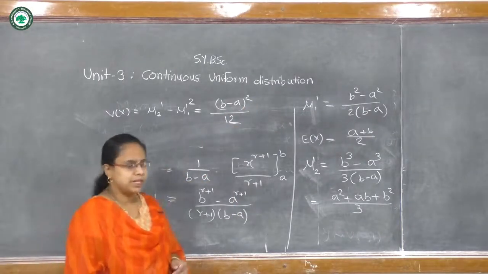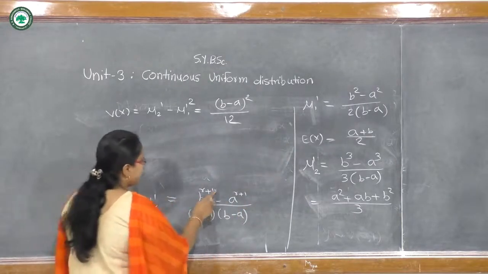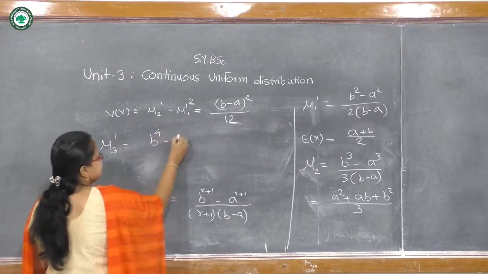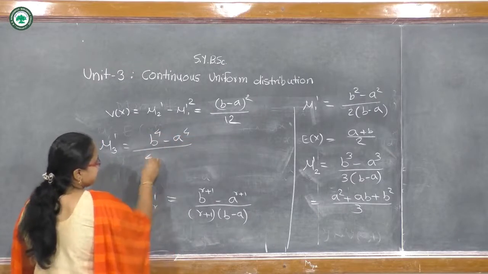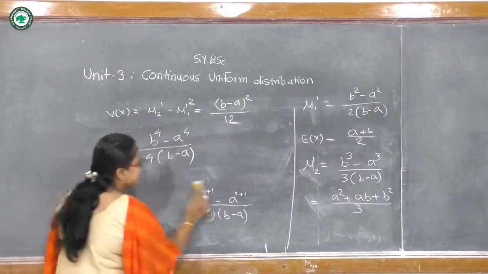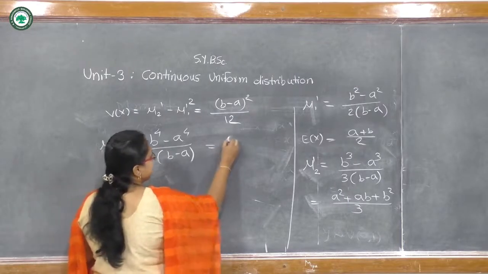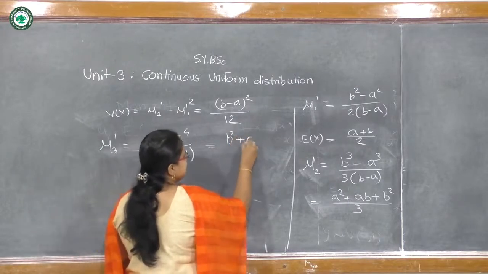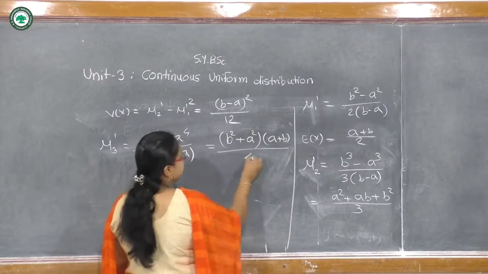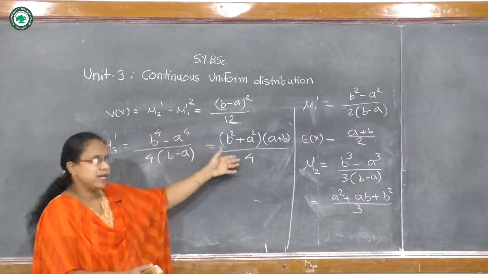So this is the variance of the uniform distribution. Let's find mu3 dash. I will substitute here r equal to 3. We can solve this term, and we will get (b square plus a square) into (a plus b) upon 4. You can put the formula for b raised to 4 minus a raised to 4 and you will get this answer.